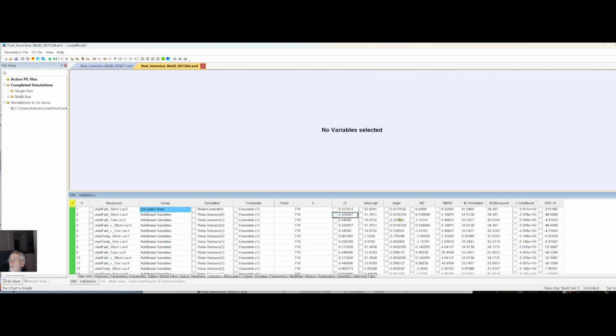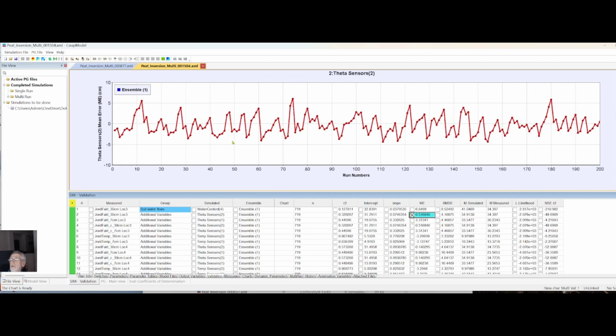And if we look to the mean error, it is to some extent beneath 0, to some extent above. This is a very good sign in my view. We should always be around 0 when we are making a calibration.